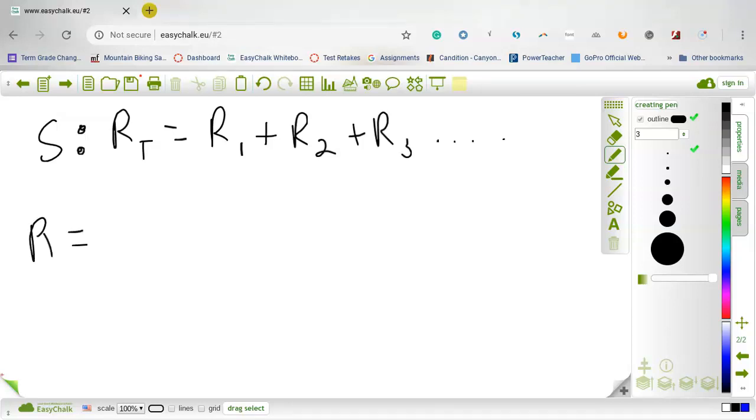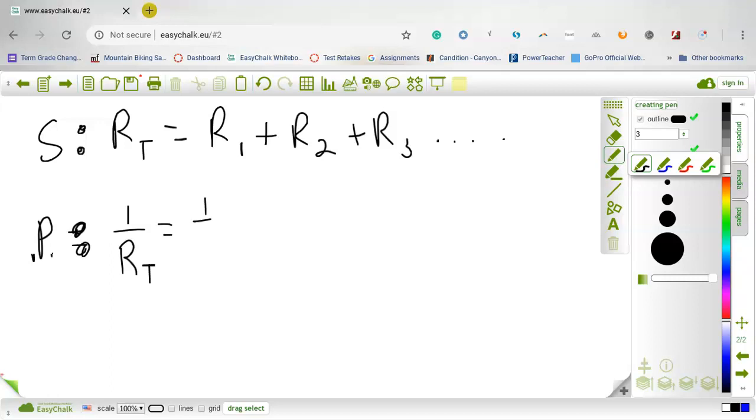If you remember from your reading, to find the total resistance, the reciprocal of the total resistance, 1 over R total, is 1 over resistor 1 plus 1 over resistor 2 plus 1 over resistor 3, however many resistors we have.